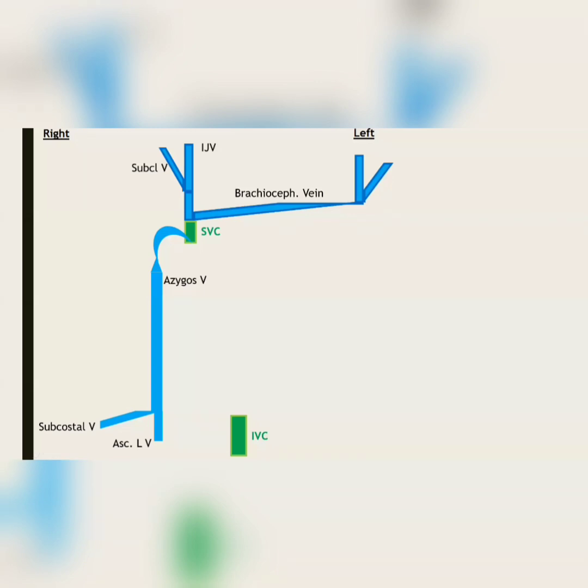Now we're going to learn about the tributaries of the azygos vein, that is the posterior intercostal veins. If you remember the class on intercostal spaces, you would remember that in the upper 9 spaces, there are 2 anterior intercostal arteries and 1 posterior intercostal artery.